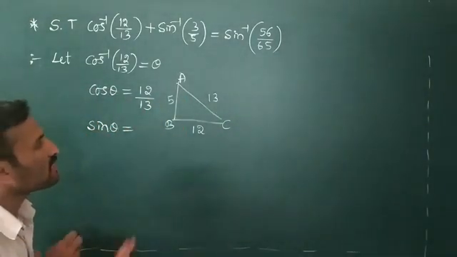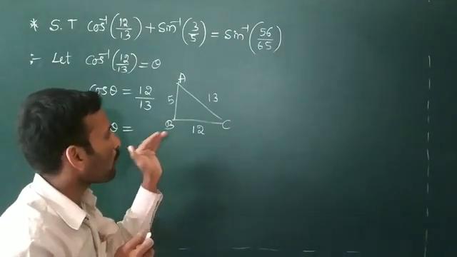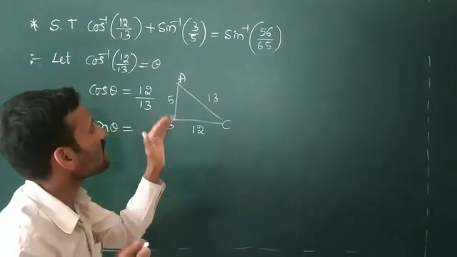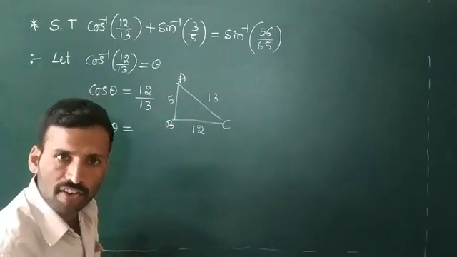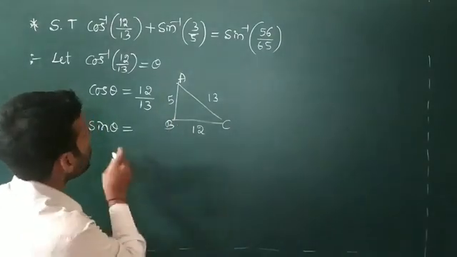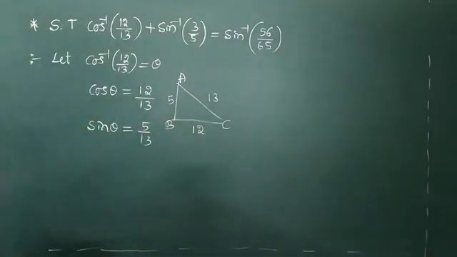So the opposite side is 5, and sin theta becomes 5 by 13.